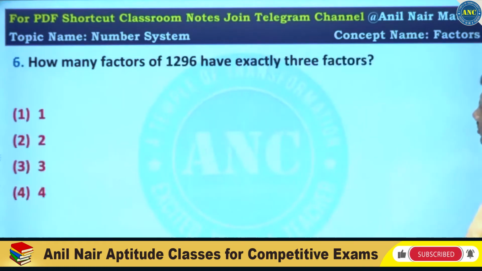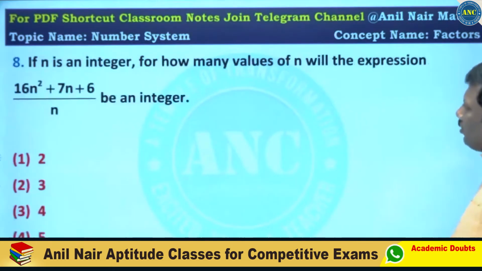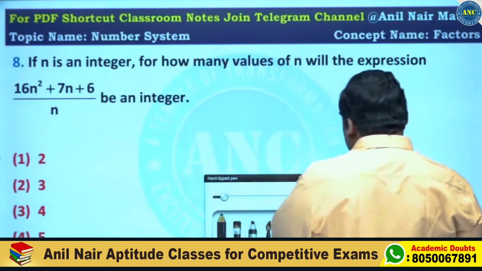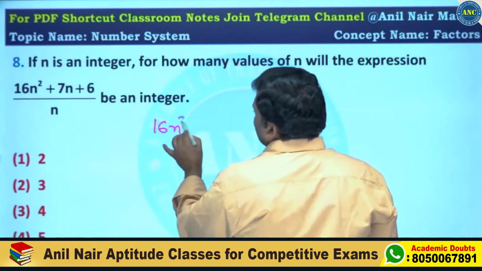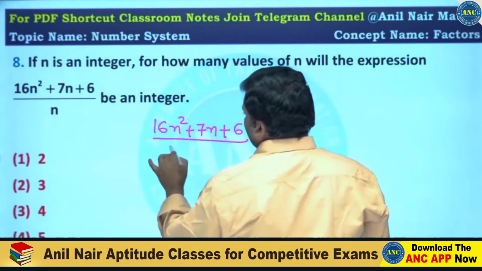Idea clear? Next one. This is a new model. These are new model questions. Now, this is a very easy question, already we discussed. 16n square plus 7n plus 6 divided by n.